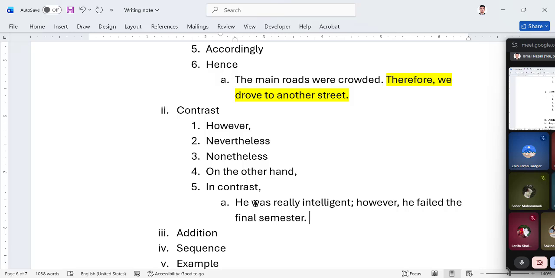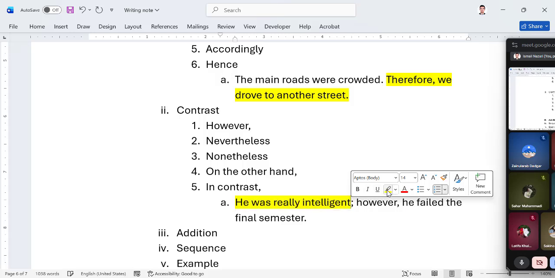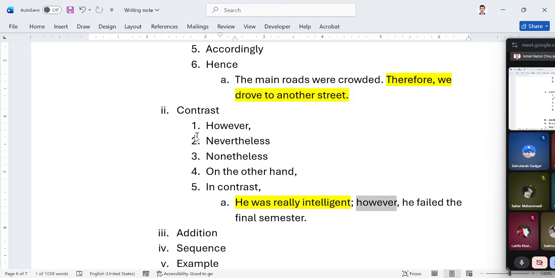It is a contrast. When someone is really intelligent, you expect them to pass successfully, right? But if it is contrast, we can use however. Instead of however, I can also use nevertheless, nonetheless, or on the other hand, and so on. So who can tell a sentence using contrast?